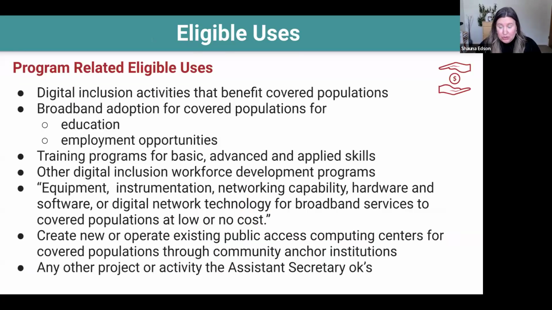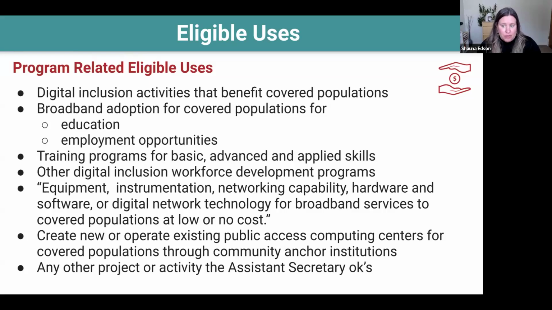So eligible uses for these funding, for the capacity grant funding, include digital inclusion activities that benefit the covered populations, activities that lead to broadband adoption for covered populations, which can include things like education and employment opportunities, training programs for basic, advanced, and applied skills. So I just want to note that that includes a range of training programs, so folks can think about what that looks like for your community.